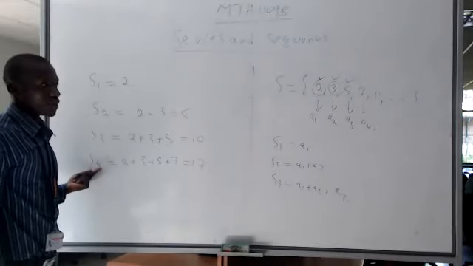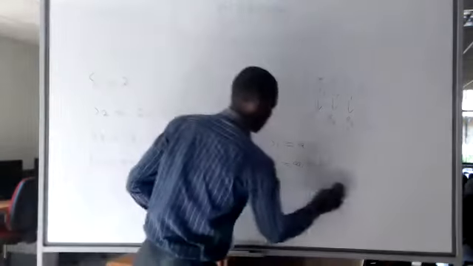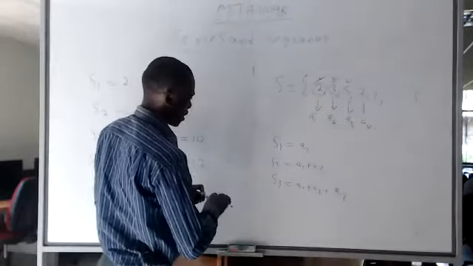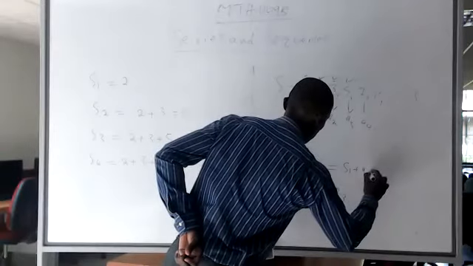Excuse me, sir. Yes. Okay, I have a question. Since you've already figured out how to get S2 and S3, is it wrong if you want to find S4, you just go and write S3 plus the term to be added? Yes. That's a very nice question. That's okay. So here I could write this as S1 plus A2.